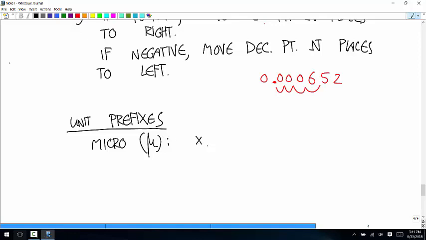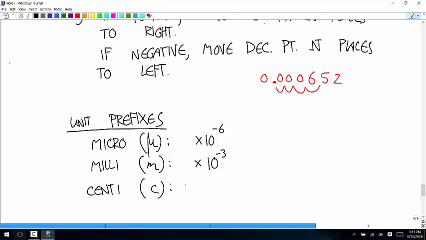So micro means multiplied by 10 to the minus 6. Milli is represented with a lowercase m. That's times 10 to the minus third. Centi is a lowercase c.